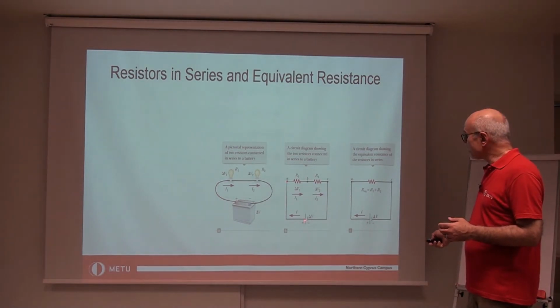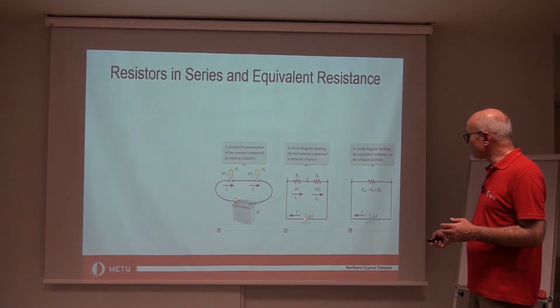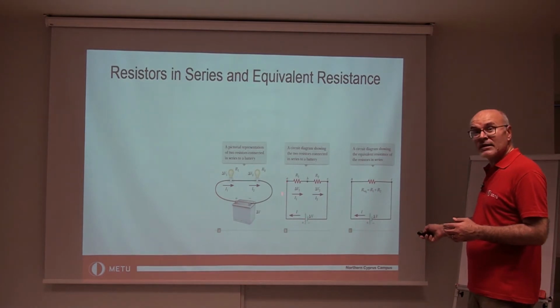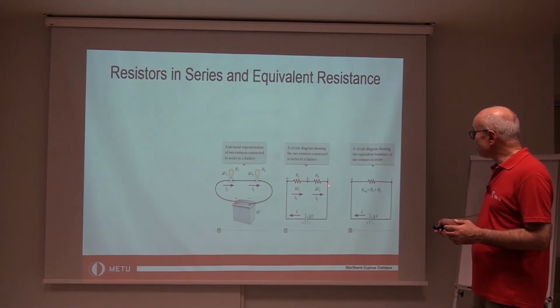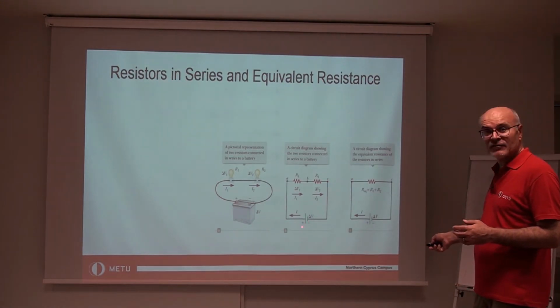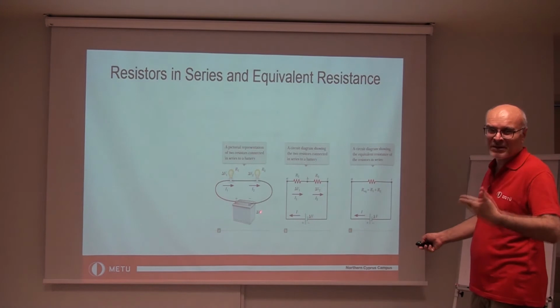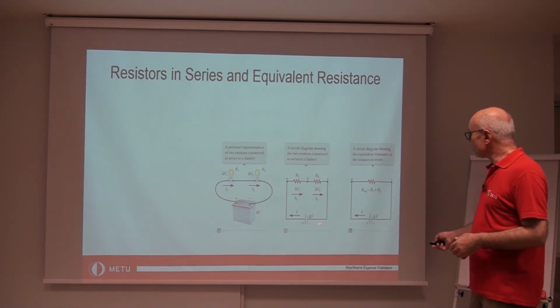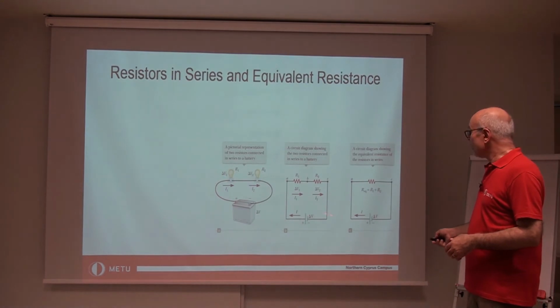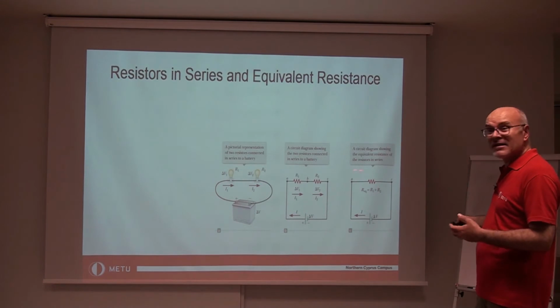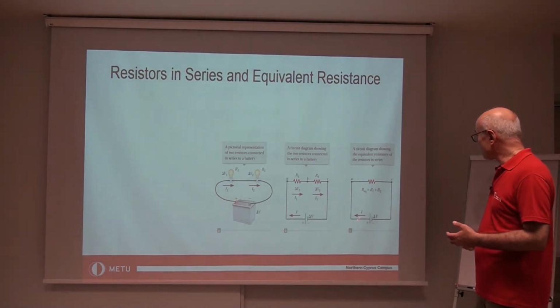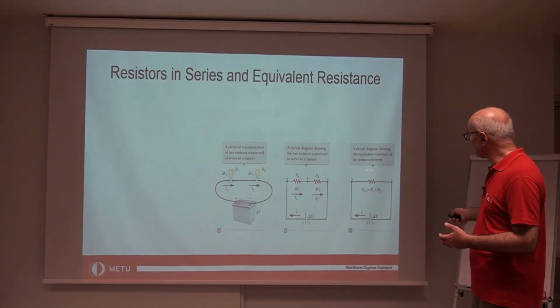Because A is at the same potential as the positive terminal, since there is no circuit element between A and this positive terminal, and C is at the same potential as the negative terminal, meaning the terminal at the lower potential, because there is no circuit element between C and this point. So if they are enclosed in the box, it looks like a single electromotive force and a box containing a single resistance.